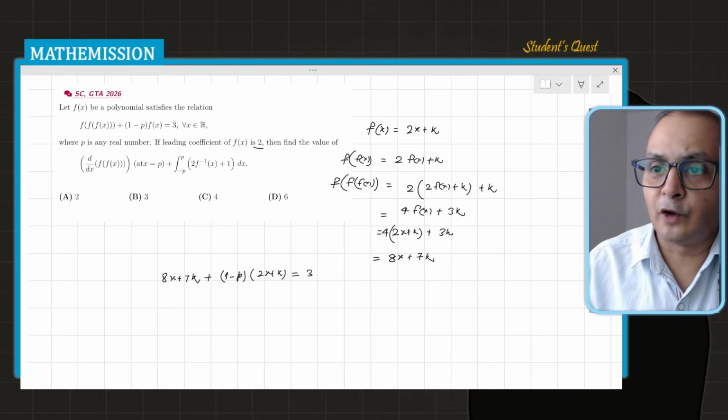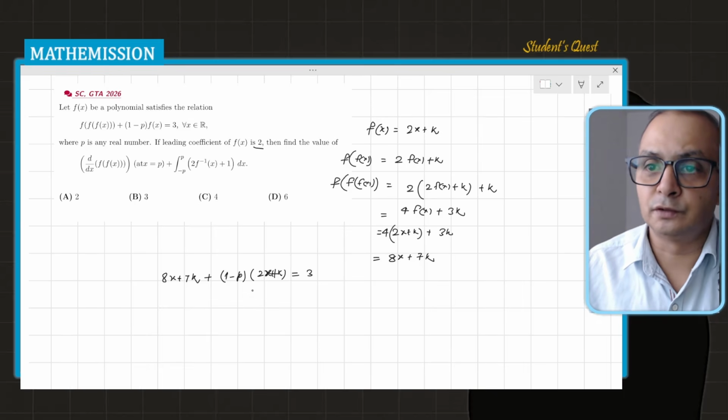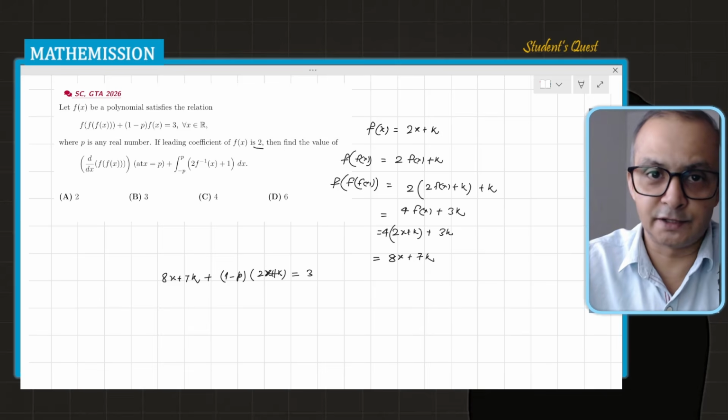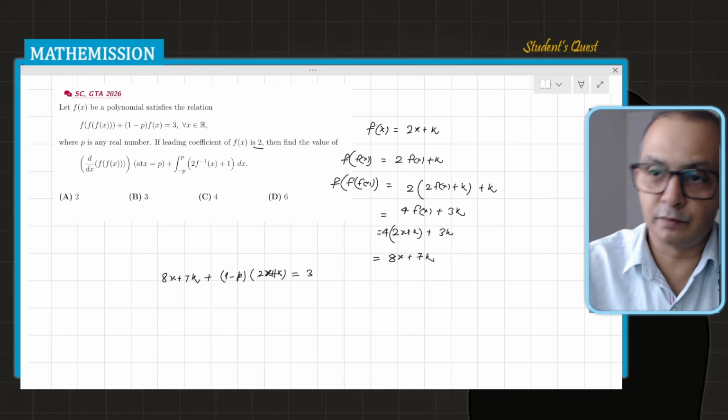Now how do we find the value of p? That's the important thing. Here we can just collect the coefficients of x and the constant terms and compare both sides.